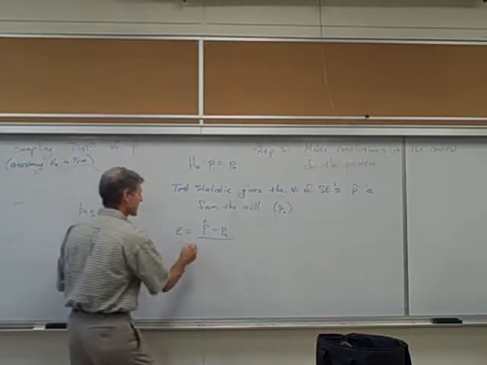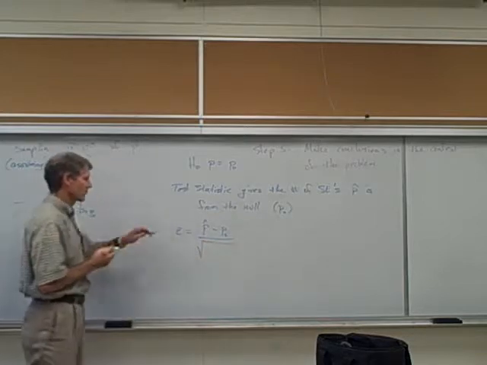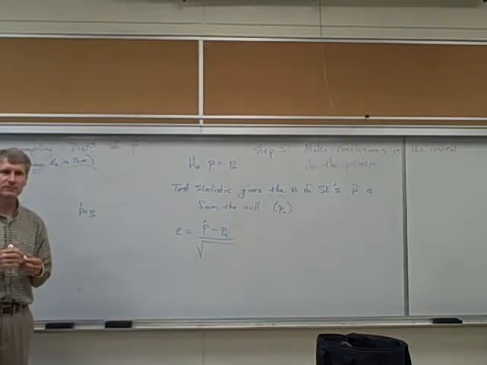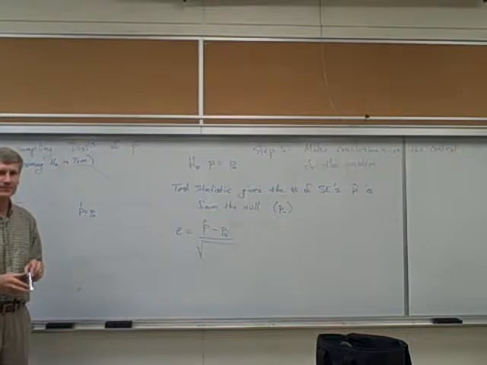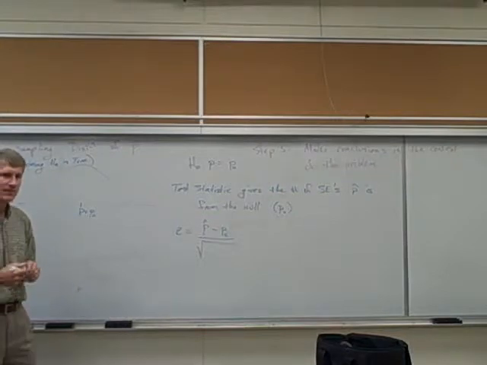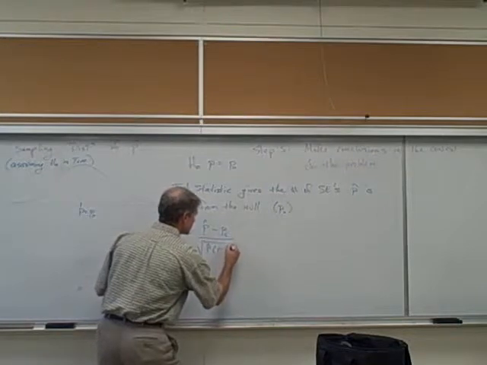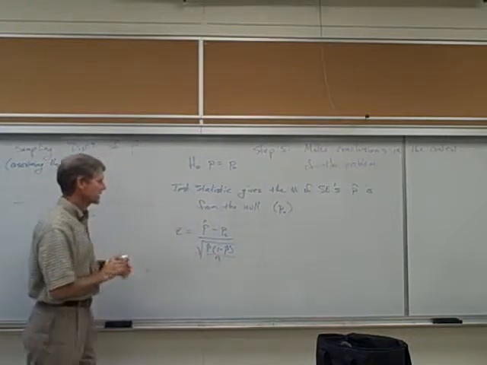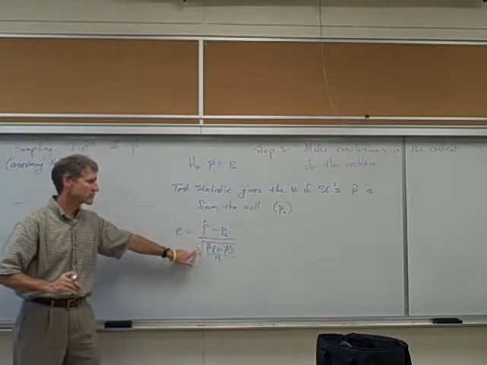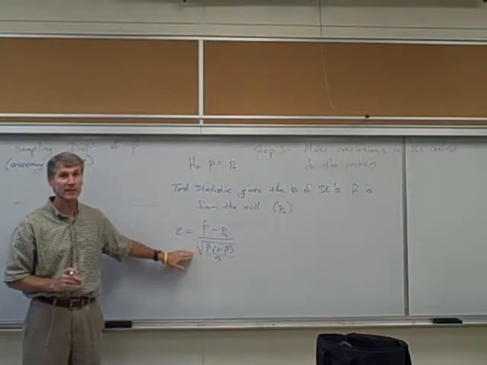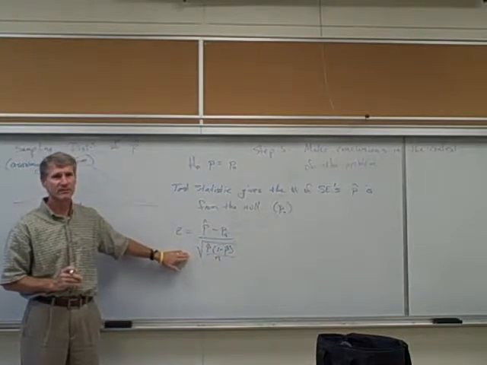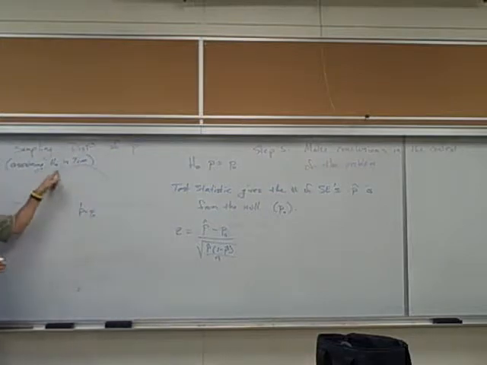So what is the standard error of p hat? Chelsea, you started to give me that. Square root of p hat times 1 minus p hat over n. Okay? Now, that's the standard error we use if we do a confidence interval, because we don't know p. But do we know p now? We do, because we're assuming the null is true.